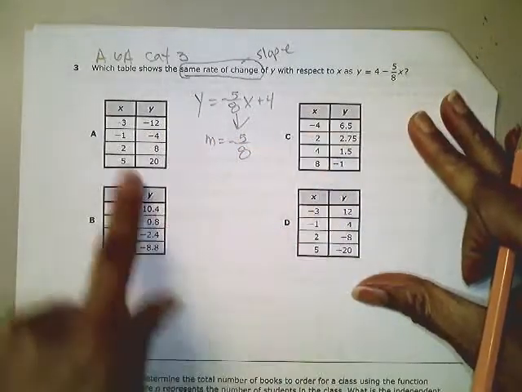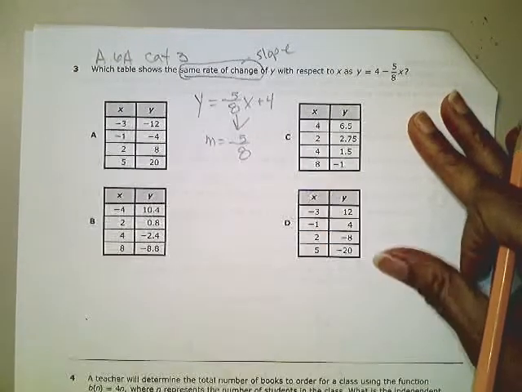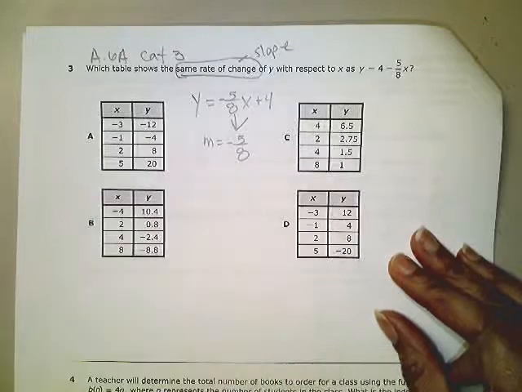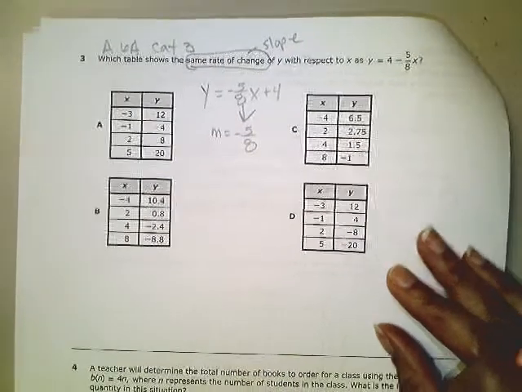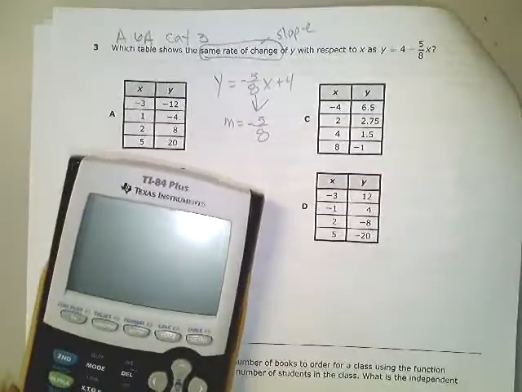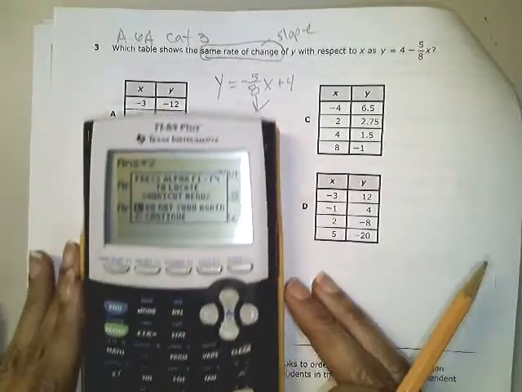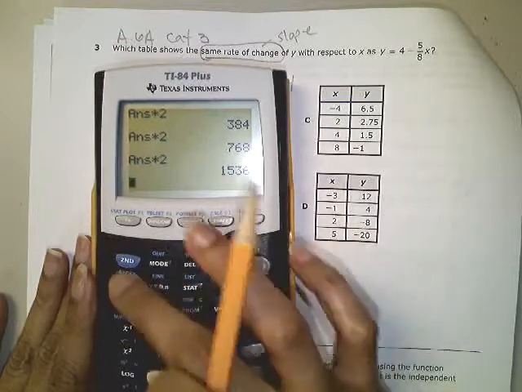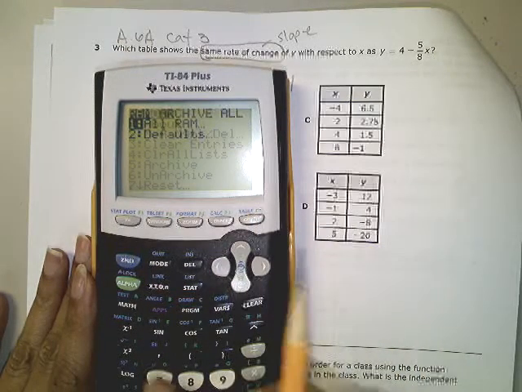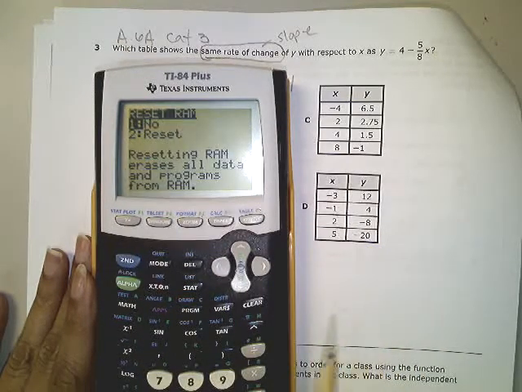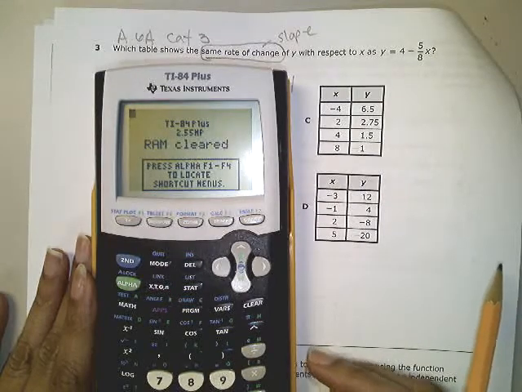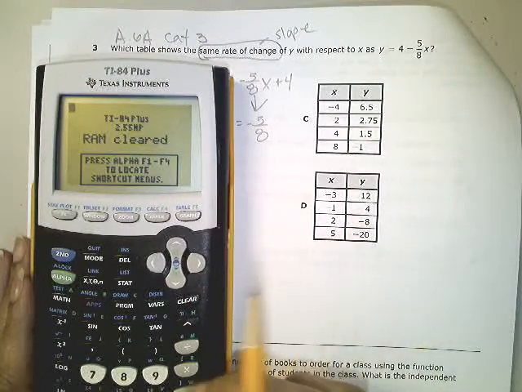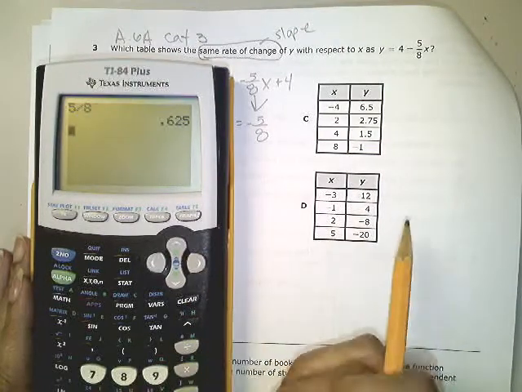When I look at all my answer choices, they're all in decimal format. This is where I would use my calculator. First thing I want to do when I get my calculator is clear my memory: second plus, 7, 1, and 2. And I'm going to do 5 divided by 8 to get my decimal.